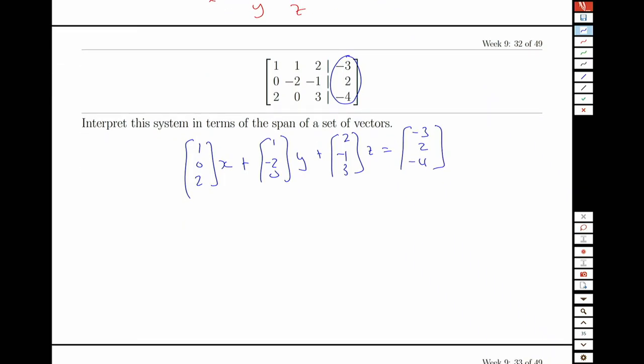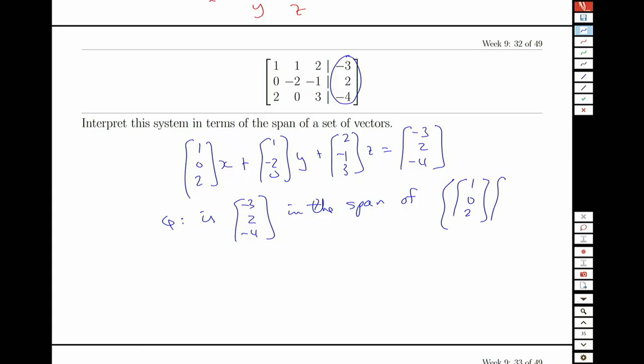And if we're trying to solve that system of equations, we can rephrase that as asking, is the vector negative 3, 2, negative 4 in the span of those three other vectors, 1, 0, 2, 1, negative 2, 0, 2, negative 1, 3?